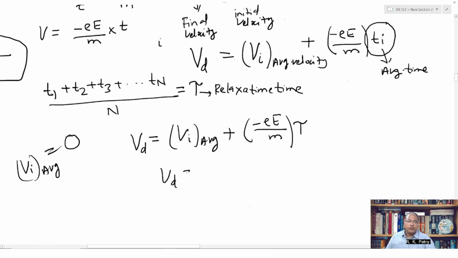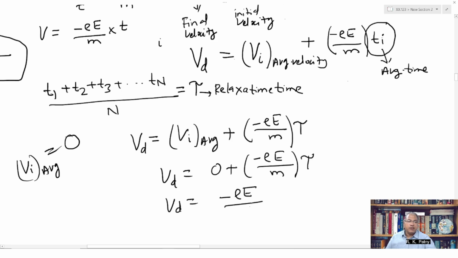Therefore, Vd equals 0 plus minus e E upon m into tau. Vd equals minus e E upon m multiplied by tau, where Vd is called the drift velocity. So this is the expression for drift velocity.